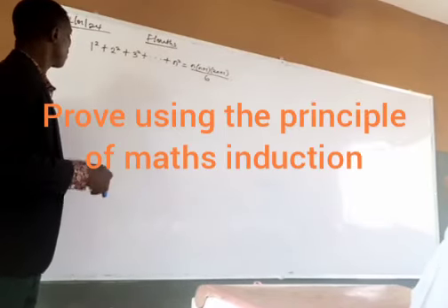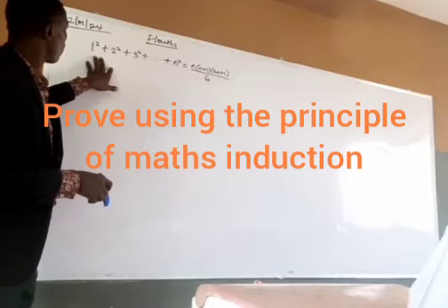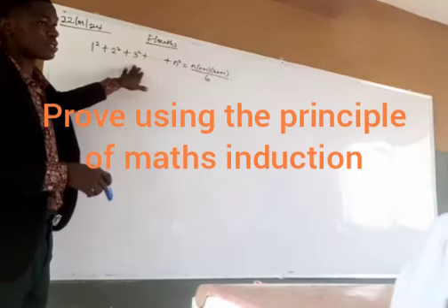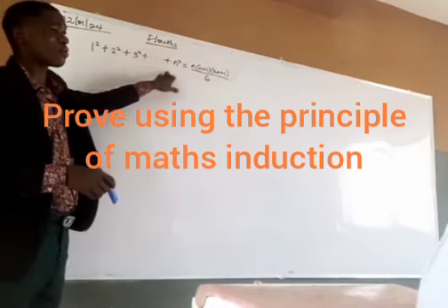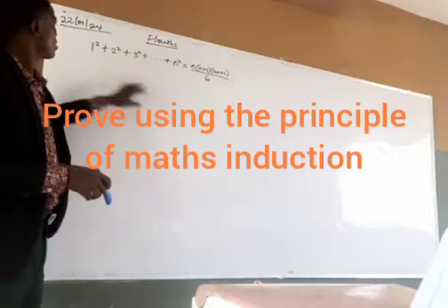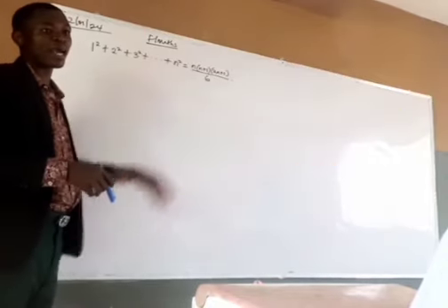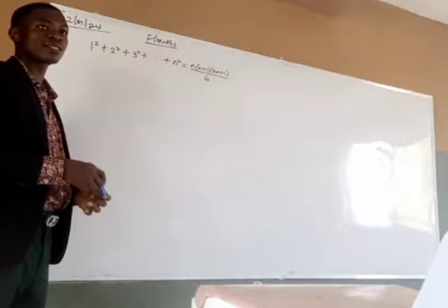Please be patient. If we have 1 squared plus 2 squared plus 3 squared plus dot dot dot plus n squared, this is called a series. Why is it called a series? Anybody?